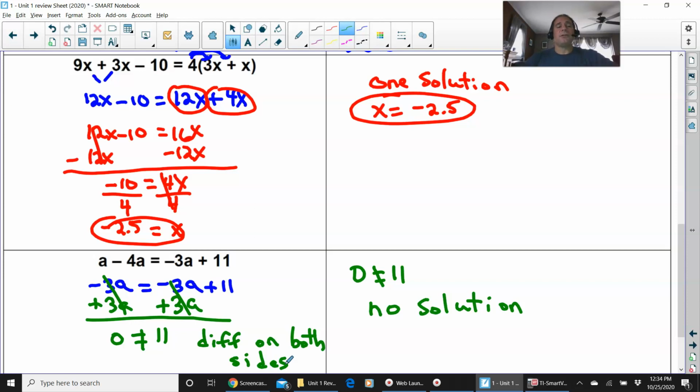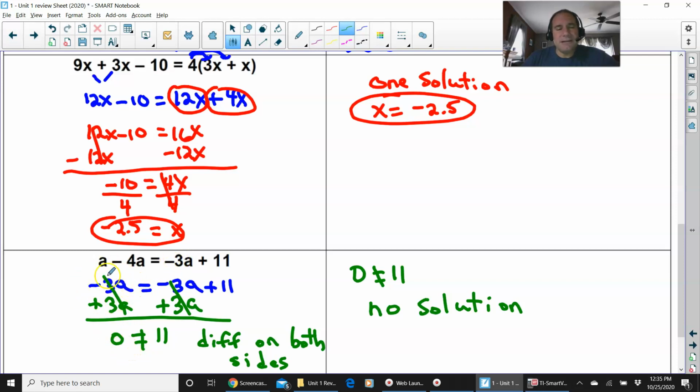So when the coefficient is the same and the other numbers are different, it's going to be no solution. Just remember, if it's the same exact expression on both sides, it's infinitely many. When there are different coefficients for x, it's one solution.